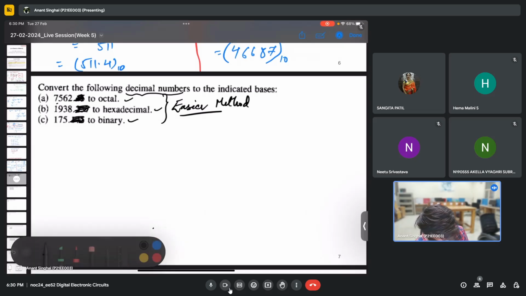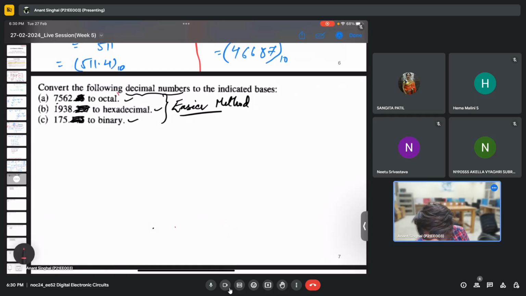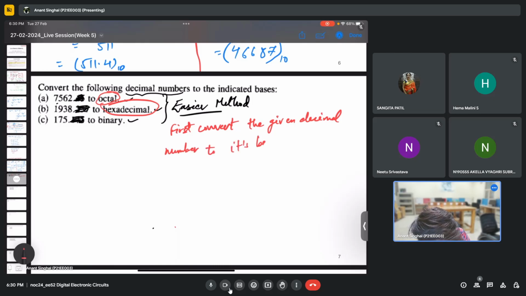The easier method is valid for both octal and hexadecimal. What we'll do is first convert the given decimal number to its binary equivalent, and doing this we will be making pairs.